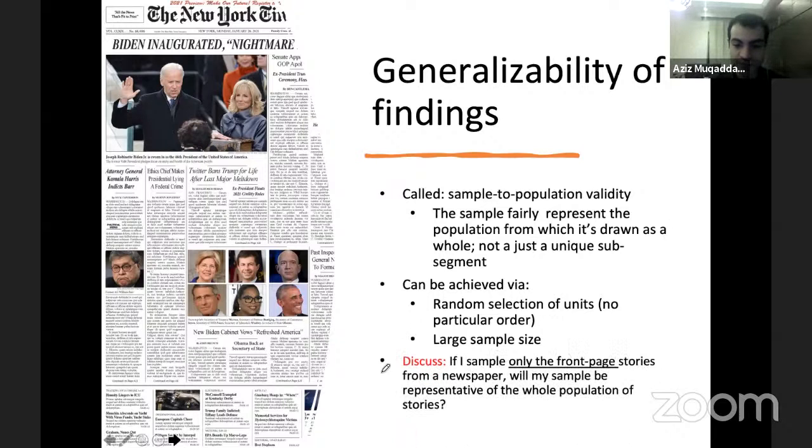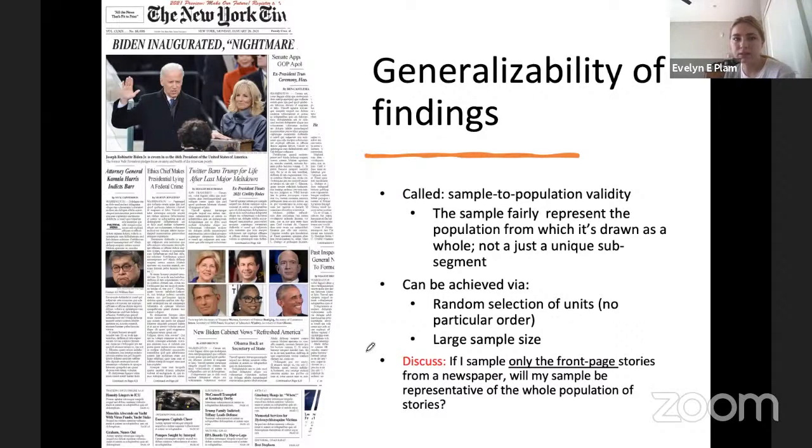Final question. Let's say I'm analyzing a newspaper, and I sample only the front page stories. Will my sample be representative of the whole population of stories in that newspaper? No, because front page headlines are more likely to be the biggest story of the day.